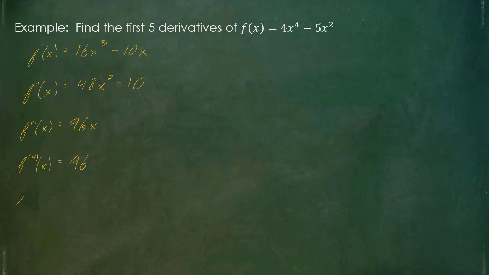And the fifth derivative, since that's a constant, would just turn into 0. So notice, doing higher order derivatives, we just continue taking derivatives of the previous expression.